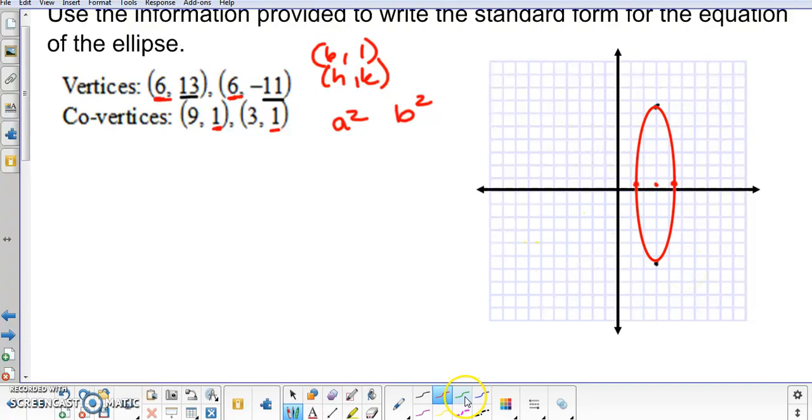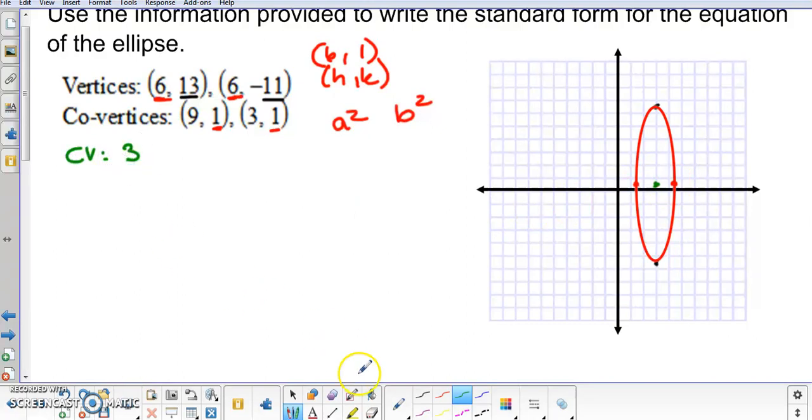All right, so now we've got to figure out what a squared and b squared is. Since I've figured out where my center is, I can technically go ahead and count on my graph. If I start at my center and go to my co-vertex right here, I would be going 2 and then halfway, so 3 units.